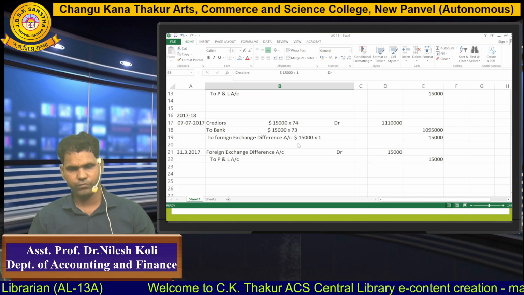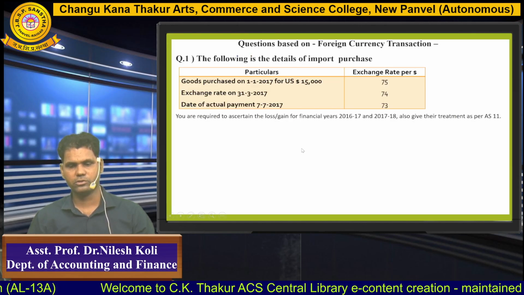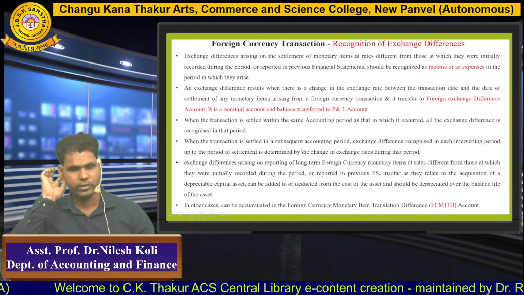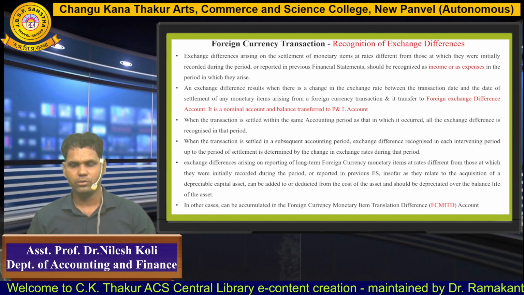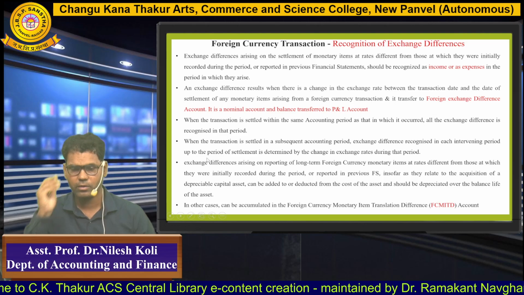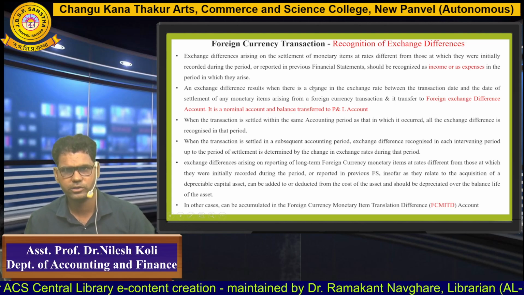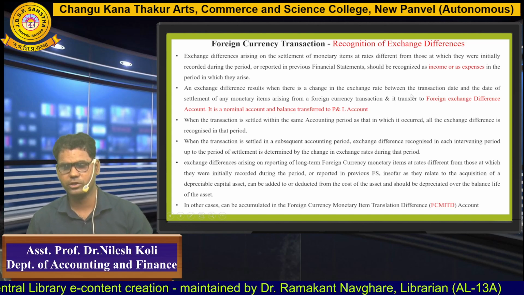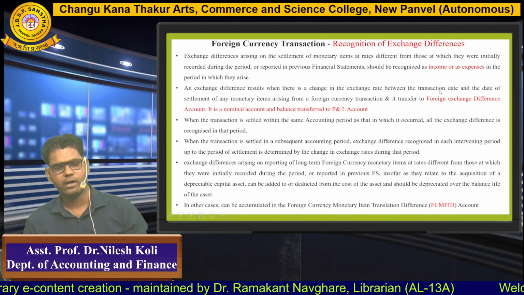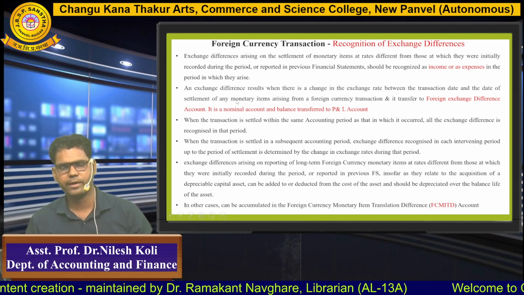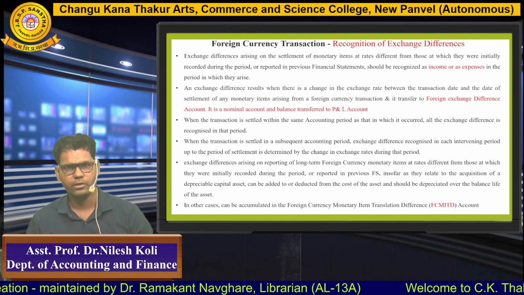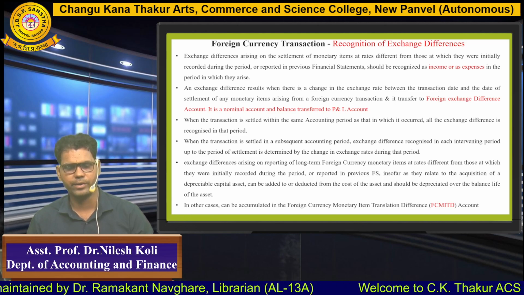See here, I just want to relook again at point number 2. The exchange difference results when there is a change in the exchange rate between the transaction date and the date of settlement. Now in creditors, when we are making the payment towards creditors, it is a settlement.